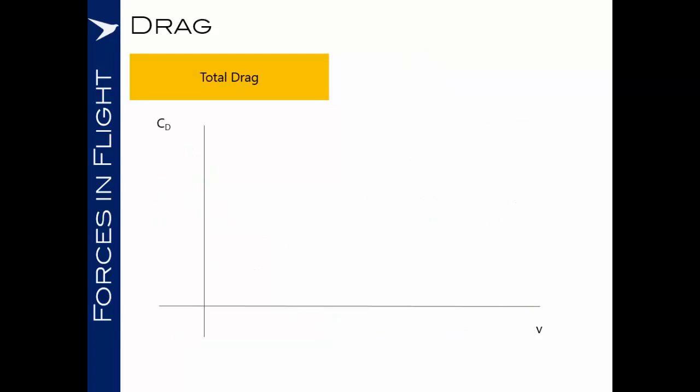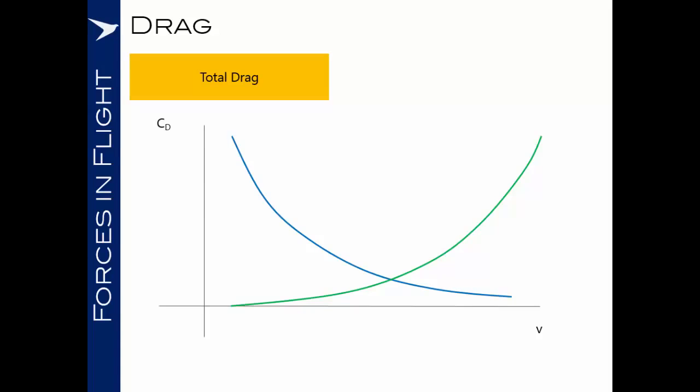Let's now take a look at the total effect of this drag. What we saw was that we had the zero lift drag, which would increase as we increased airspeed. And we have the lift dependent drag, which will decrease as we increase airspeed. Adding the two components of drag together, we come out with this red line, which is the total drag.